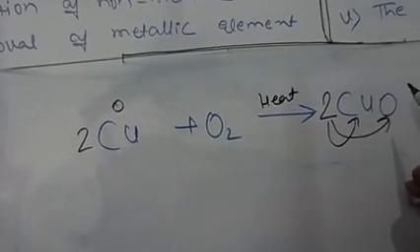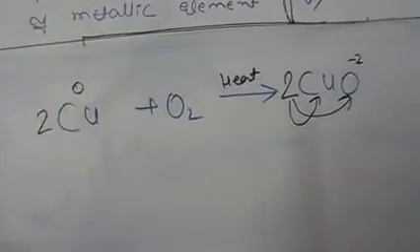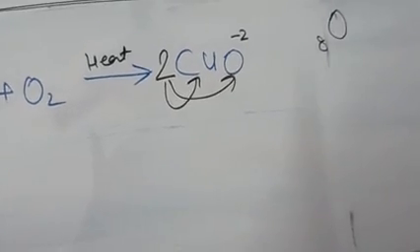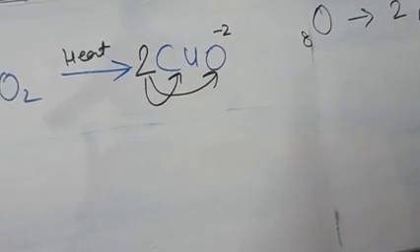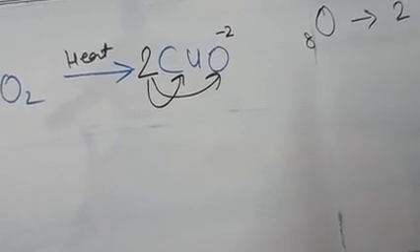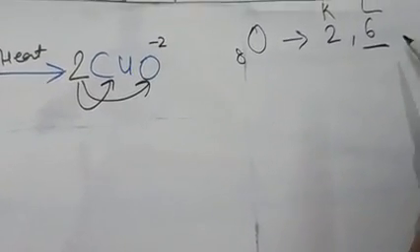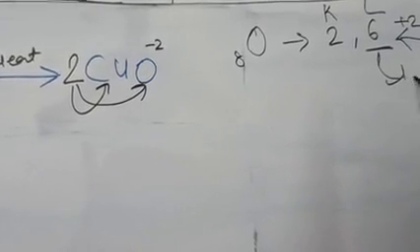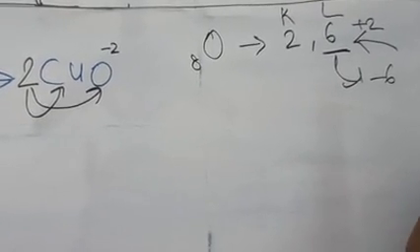Now let's talk about the oxidation state. Because copper is alone as a metal, it is in the zero state. Here you can see that oxygen is -2, as you know. Why is it -2? Let me explain. Oxygen, as you know, has atomic number 8. So in the K shell it has 2 electrons, and in the L shell it has 6 electrons. To complete its octet, it needs 2 electrons, or it can lose 6 electrons to attain the configuration of helium.